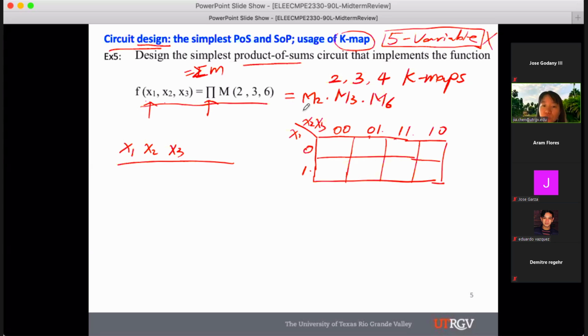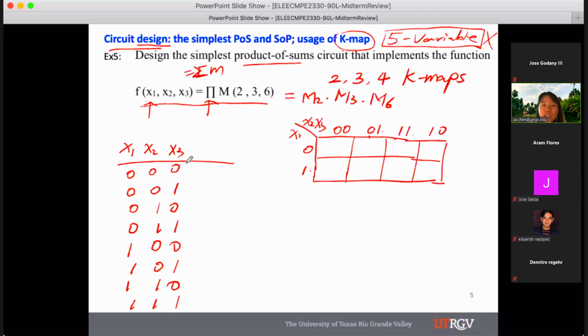So then you need to figure out what is M2. If you cannot figure it out immediately, I would suggest you go to the truth table first. So you can say, okay, 0, 0, 0, 0, 0, 1, 0, 1, 0 in this order, 0, 1, 1, then 1, 0, 0, 1, 0, 1, and then 1, 1, 0, 1, 1, 1.